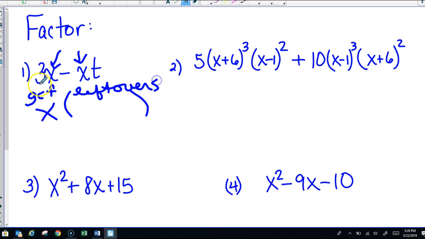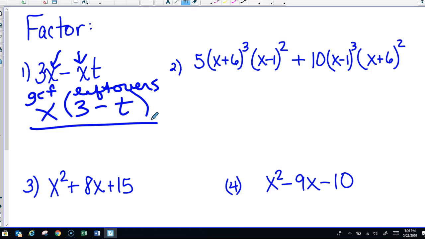If it started with the 3x and we pulled the x out, that's a 3. The minus, and then the xt, if we pull out that x, it leaves just the t. So this is your factored form there, x times 3 minus t.